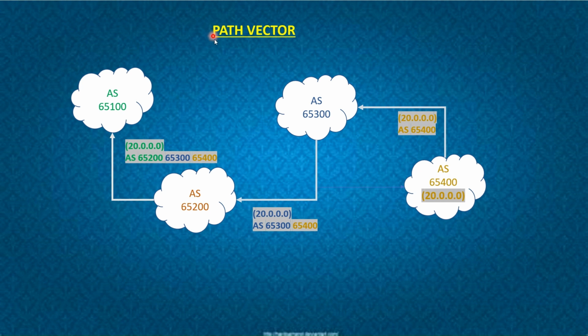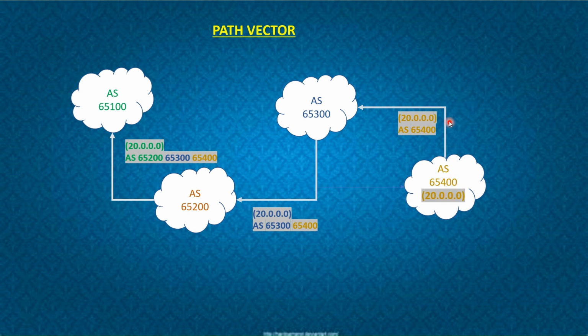So what actually does path vector mean? Path vector basically helps any AS or any router to understand, if any network is learned, how many AS away it is coming from. If we take an example, here you can see the 20 network is a part of AS 65400.